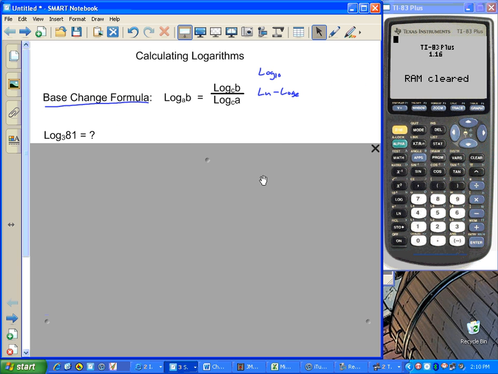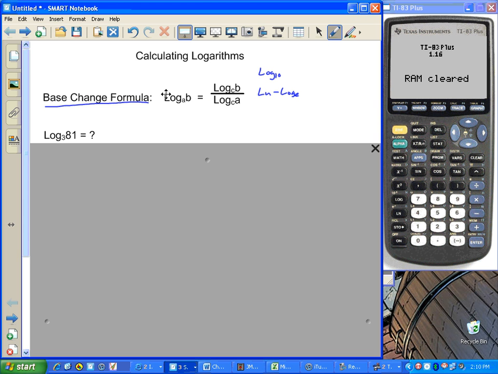Okay, so I got my calculator here. My base change formula says I can take the log of whatever I'm taking the log of, so B, and divide that by the log with the same base of my base, and this will be the same thing as taking the actual log.